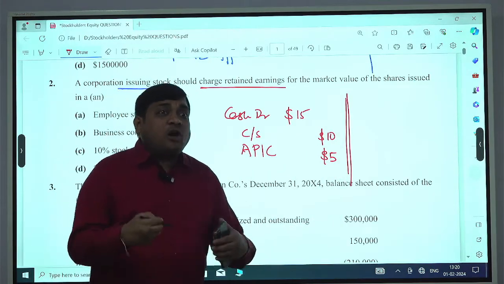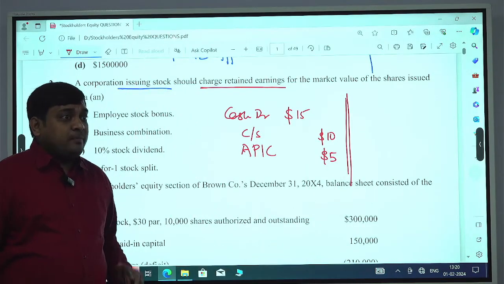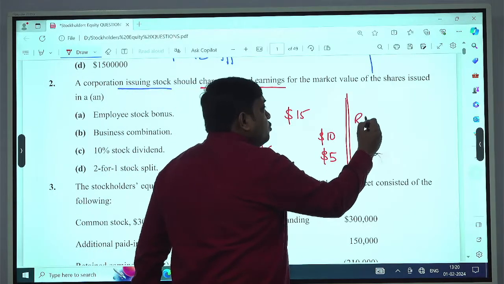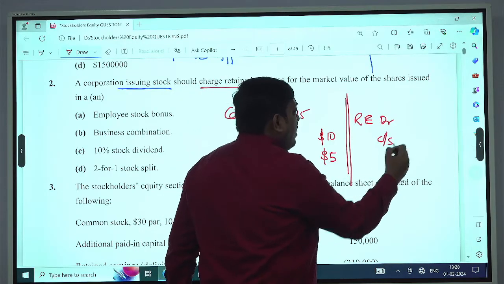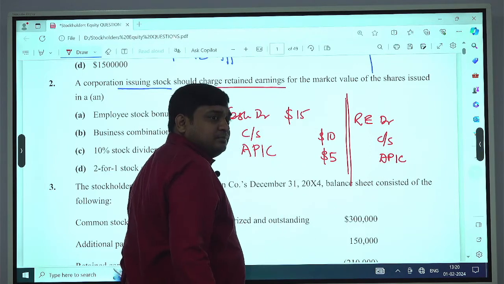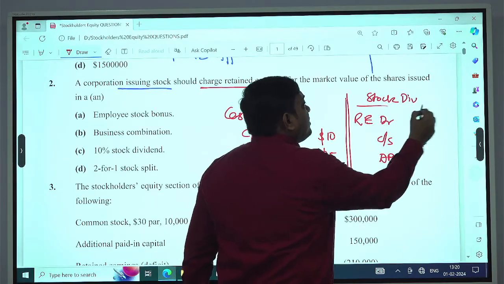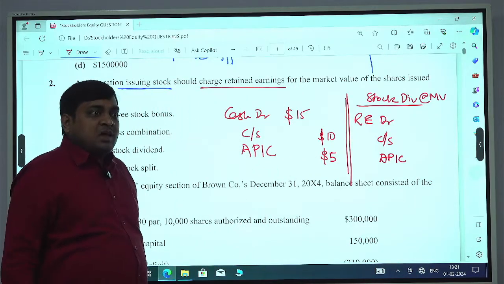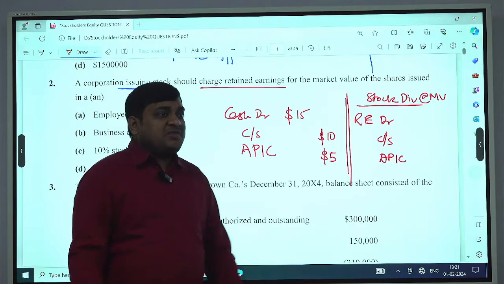Now in case of stock dividend, I have already told you it's free shares given to the existing shareholders. So you do retained earnings debit, common stock, additional paid in capital, because this stock dividend is issued at market value, and market value is usually more than the face value.